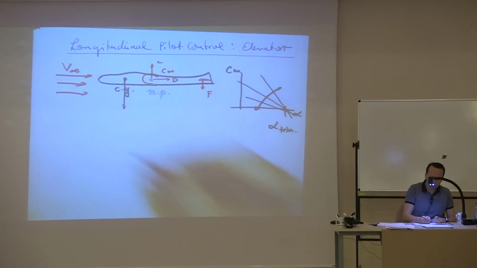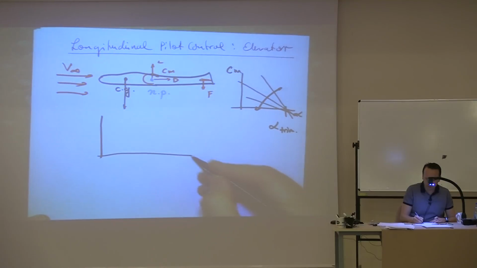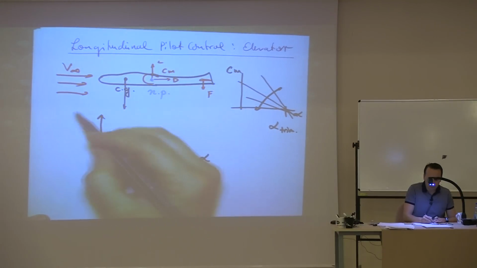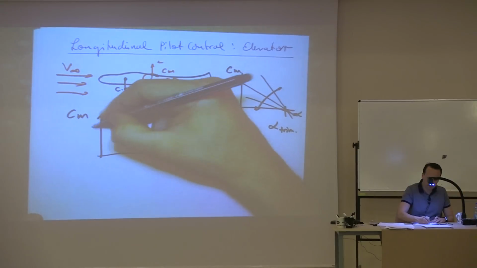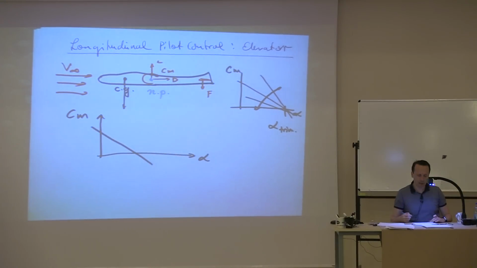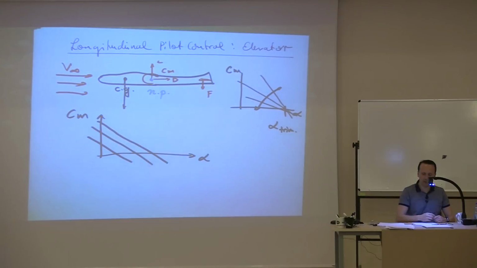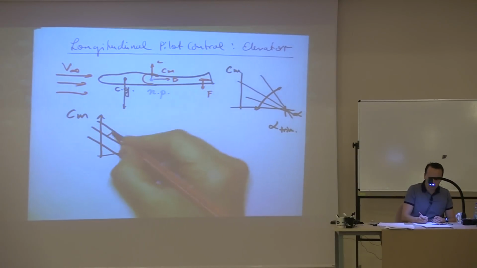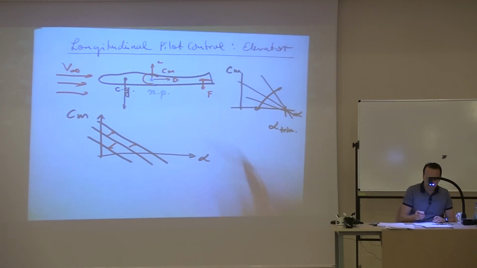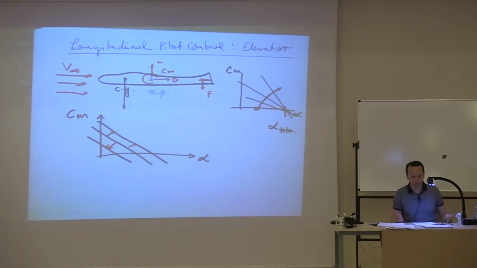What we really prefer is to have this, alpha versus Cm. It would be great if this was a Cm alpha graph, and if I could just move this graph in a parallel fashion up and down. That would be really good.